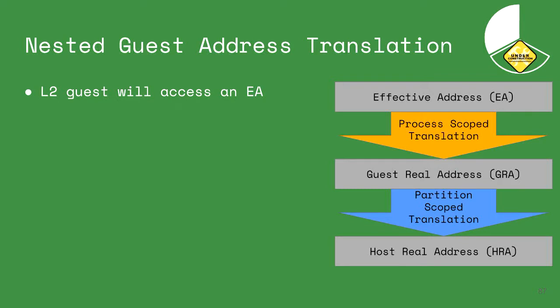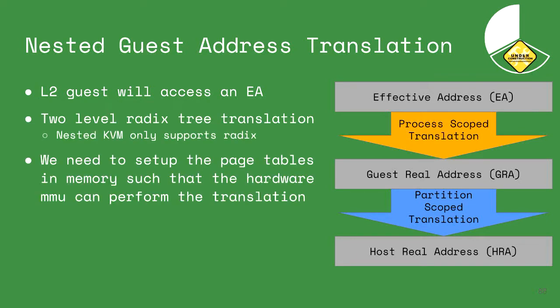When you're executing in level 2, you'll access this effective address, which is again analogous to an x86 virtual address. And we have our two-level radix tree translation again. We have our process scoped and our partition scoped. And remember that we need to set up these page tables in memory so that hardware can find and access those translations.